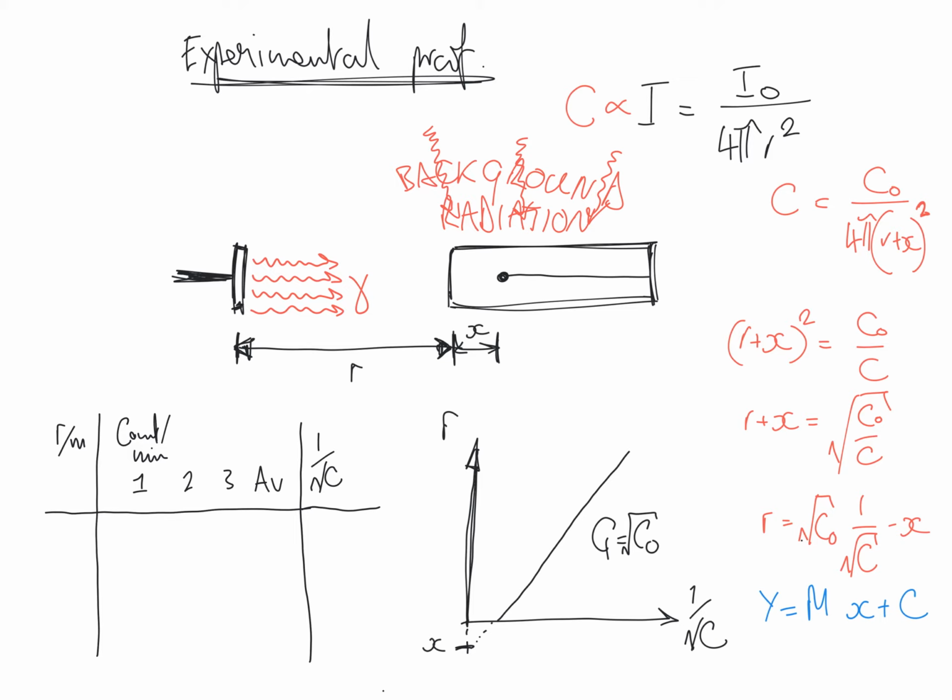And finally, hang about, small error there. We're probably going to want to work out, first of all, the corrected count rate, and then finally 1 over the square root of that corrected count rate.